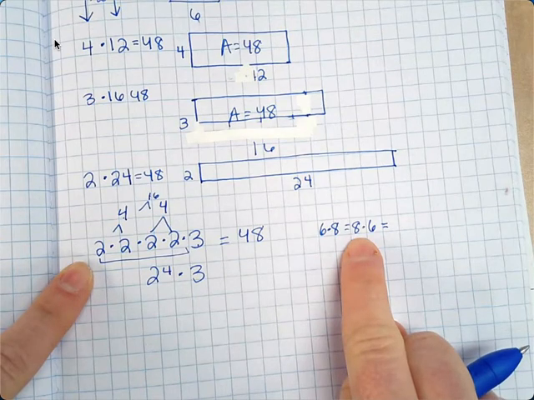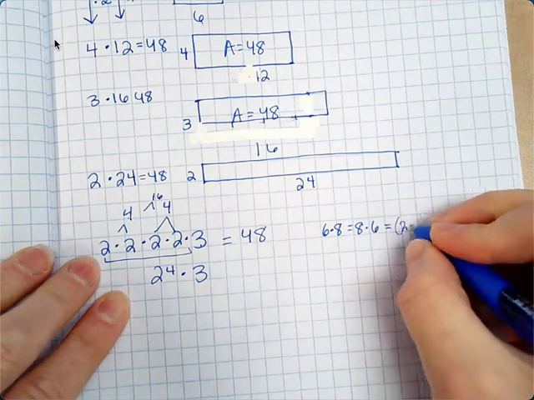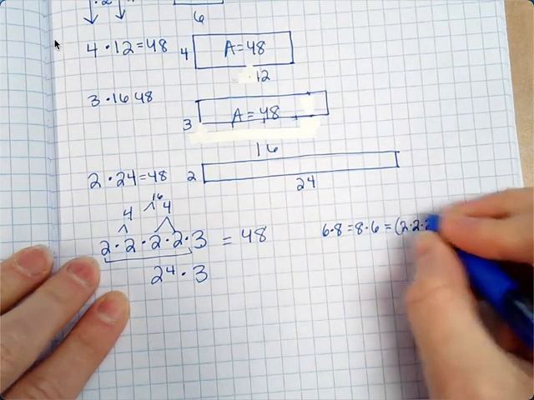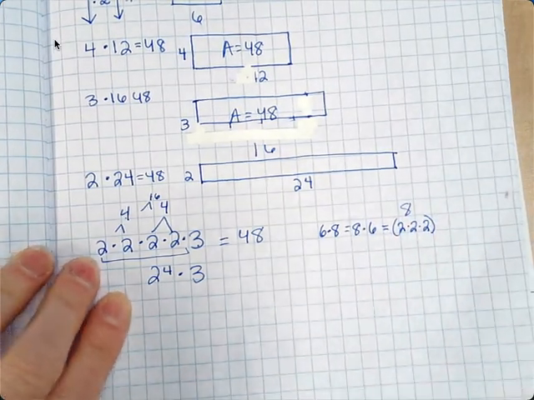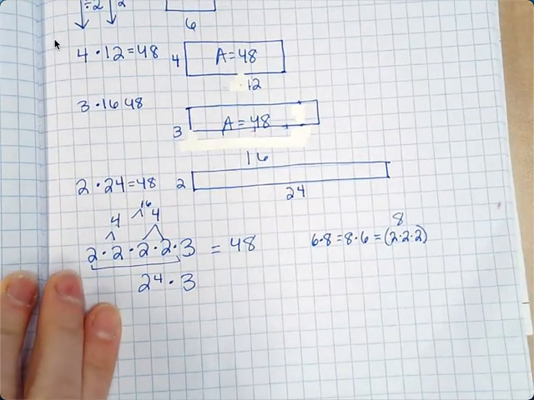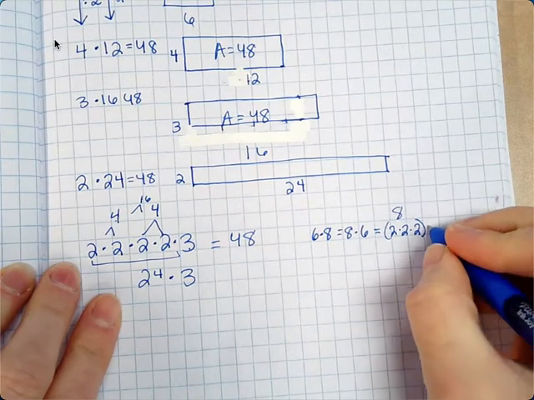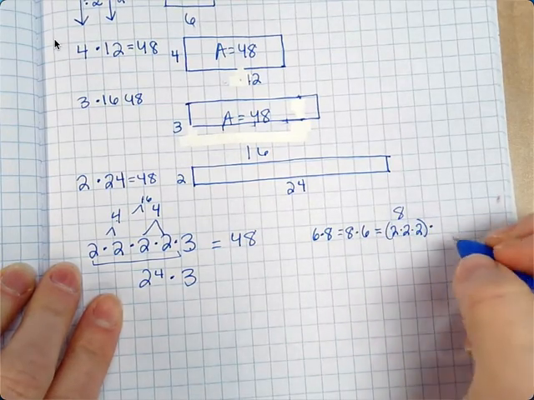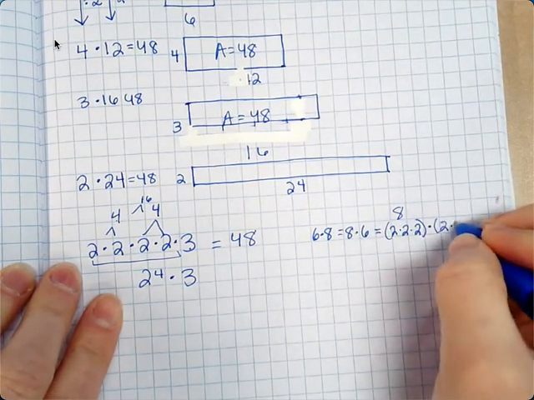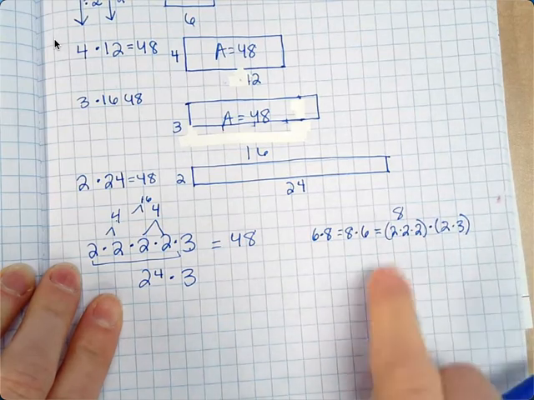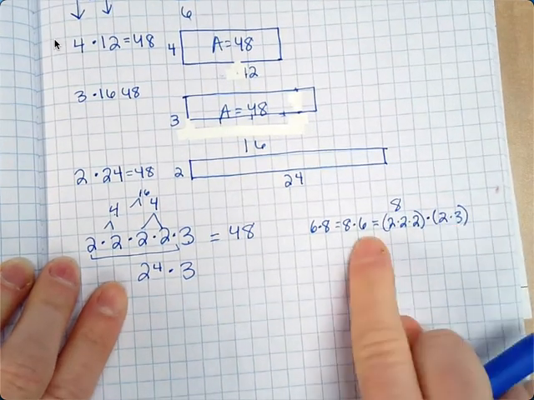How many 2's multiply together to get 8? 3. So 2 times 2 times 2, that's 8. And then how do you get 6? 2 times 3. Okay, so that's just breaking it down.